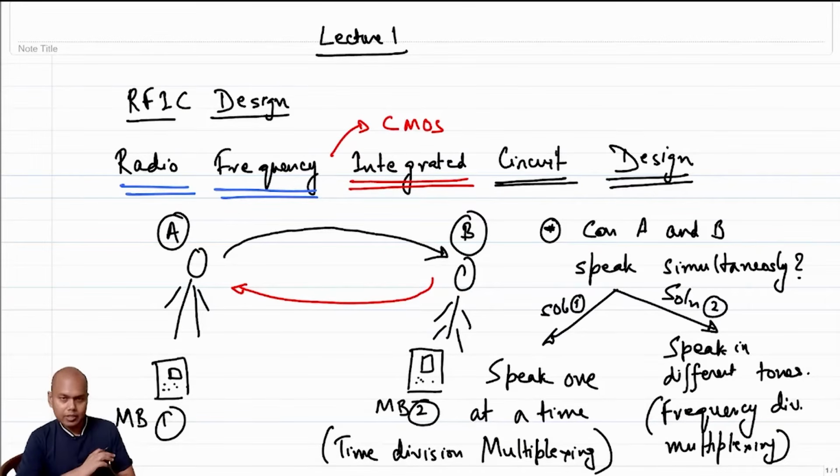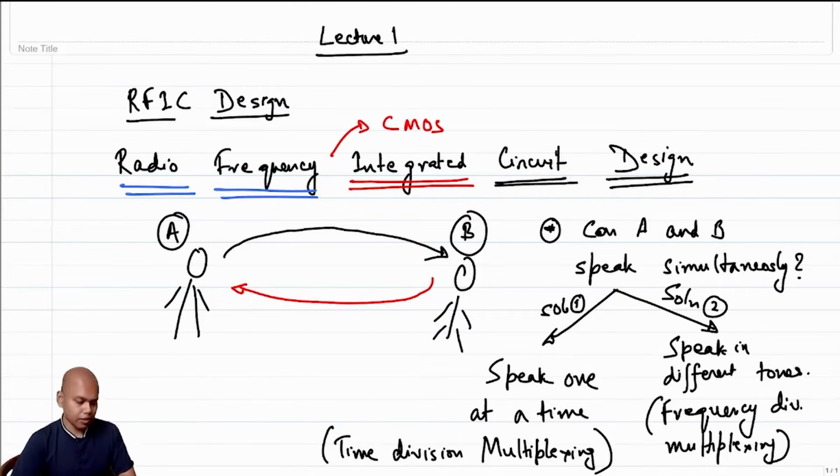So exactly the same protocols apply. That is, mobile phone 1 will be tuned to a different frequency than mobile phone 2, right? As you are going to see, exactly the same protocols apply in electronic communication systems also.